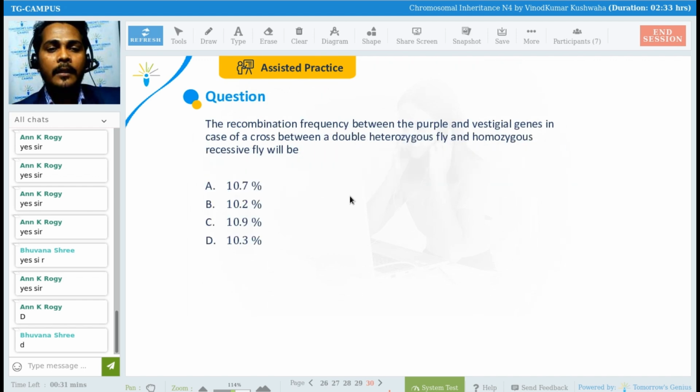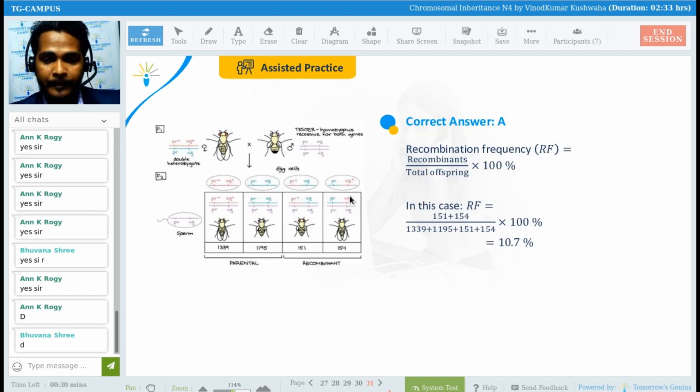Next, the recombination frequency between the purple and vestigial genes in the case of a cross between a double heterozygous fly and a homozygous recessive fly will be what? Here you have to find the percentage of frequency. For that we need to move to the diagram.